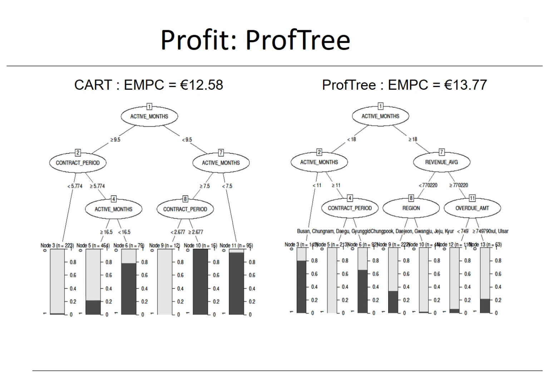And when we measure the profit generated by our tree versus the profit generated by the CART or statistical tree, we see that there's a difference of 1.19 euros per customer. That's only for one customer, but imagine that you would have millions of customers, then obviously this turns into a very significant and important number. And this is just by shifting the focus from a statistical objective towards a profit-oriented objective.